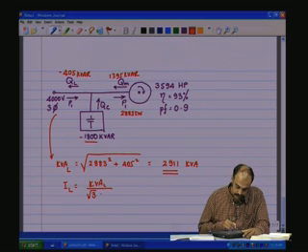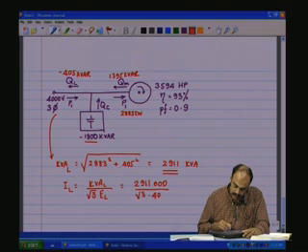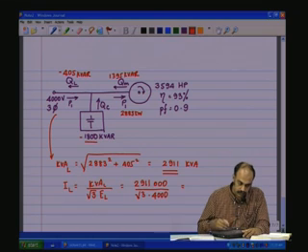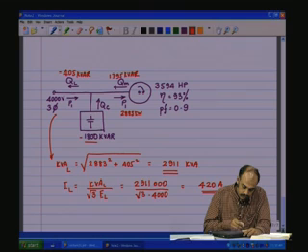So, IL is 2911 kVA, which means VA, divided by root 3 times 4000 volts, as we have a 4000 volt machine. So, this comes to 420 amps. So, the current through the mains would be 420 amps. What would be flowing here would be 420 amps.